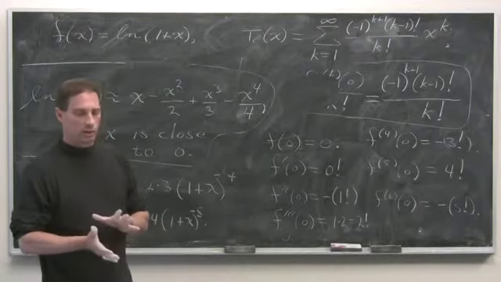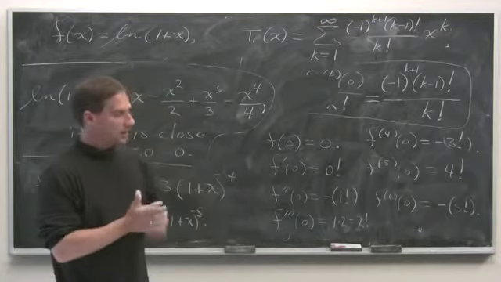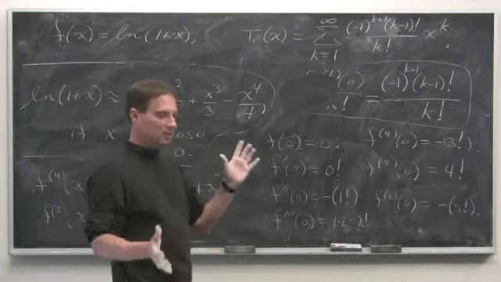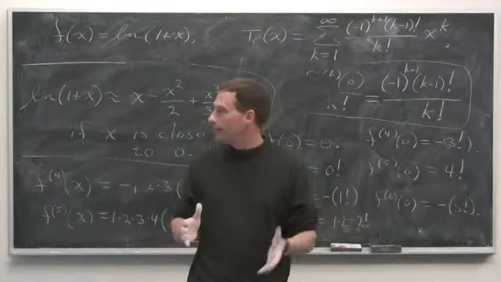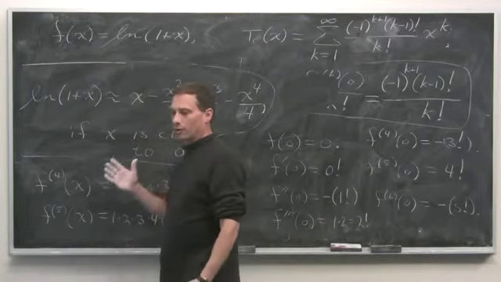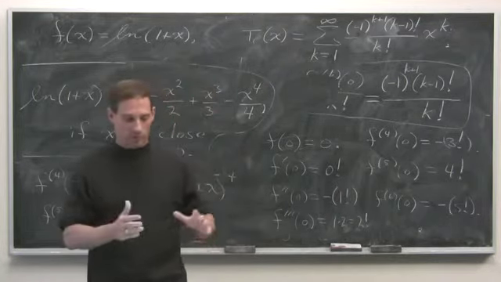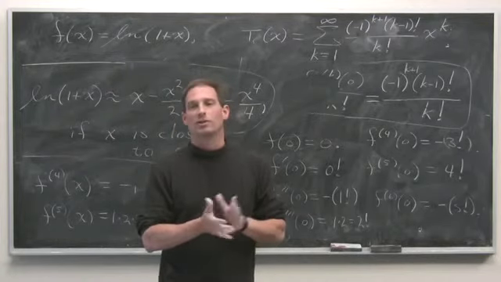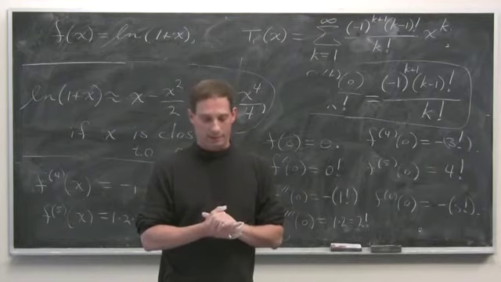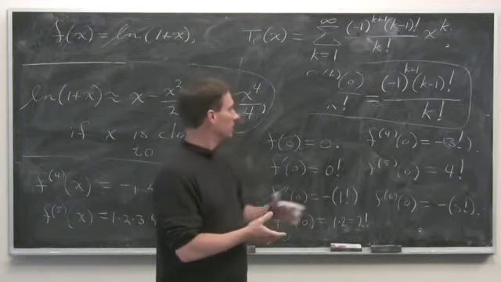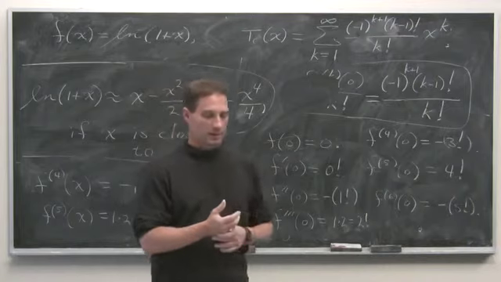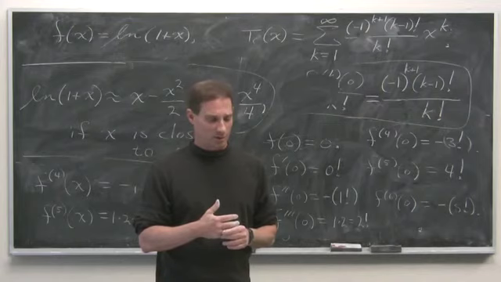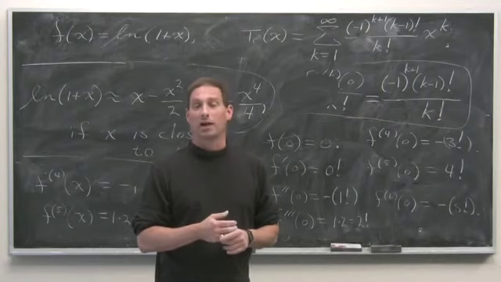In the next section, we're going to look at the error associated with this, and we'll be able to prove that if x is this close to a, then if you go out this far, you can guarantee that your error, no matter which x you've taken in the specified range, is no worse than this. So that's where we're headed. That bothers people more than this section where you just calculate Taylor polynomials, Taylor series, Maclaurin series, but it's an important topic, and we'll have to do it.